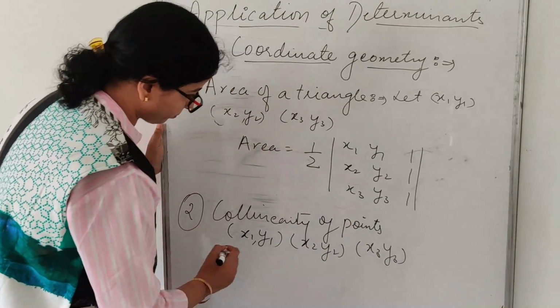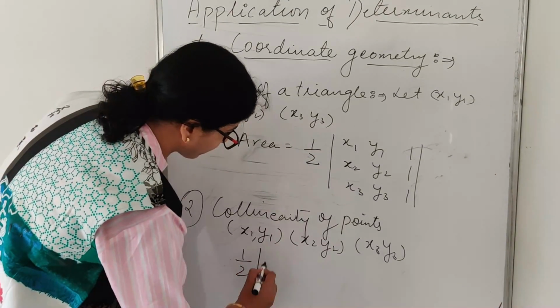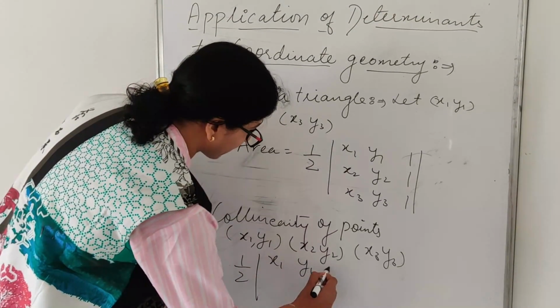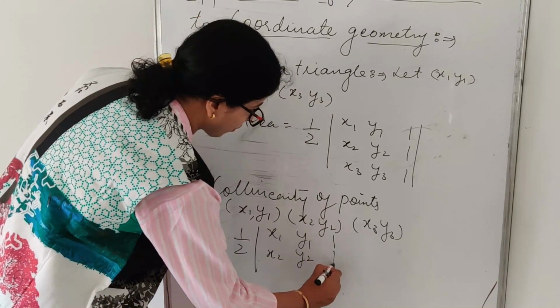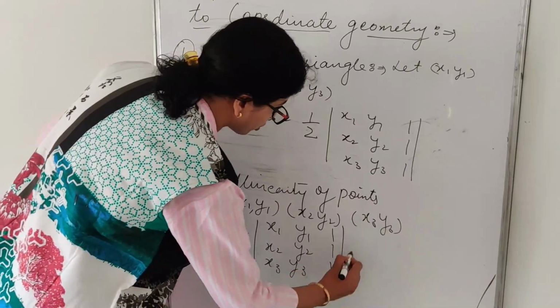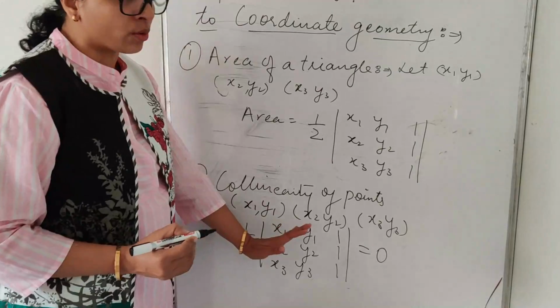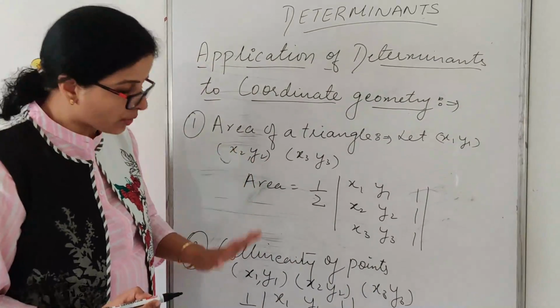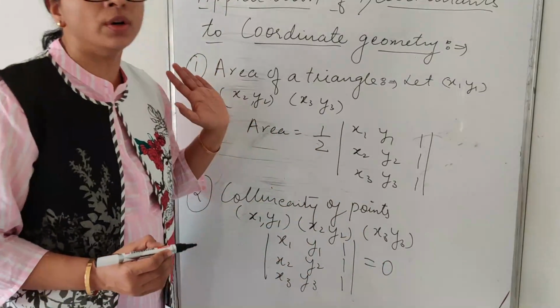Okay. So then area of triangle will become 0. So half determinant of x1 y1 1, x2 y2 1, x3 y3 1 should be equal to 0. So this will give you the collinearity of the points. You can remove half also, because anyways we have to prove this part should be equal to 0.